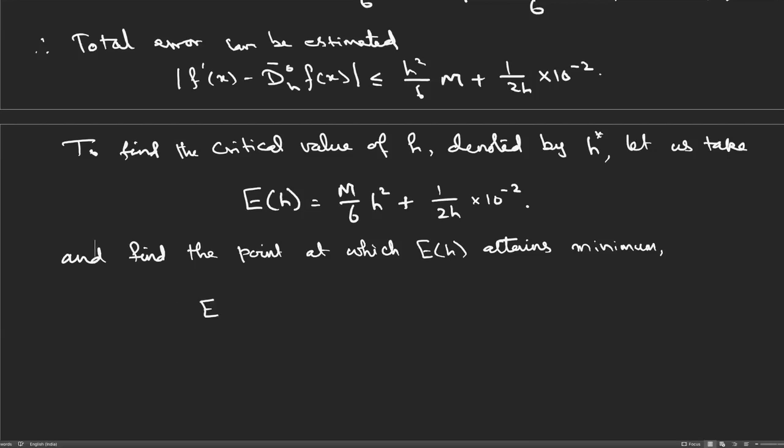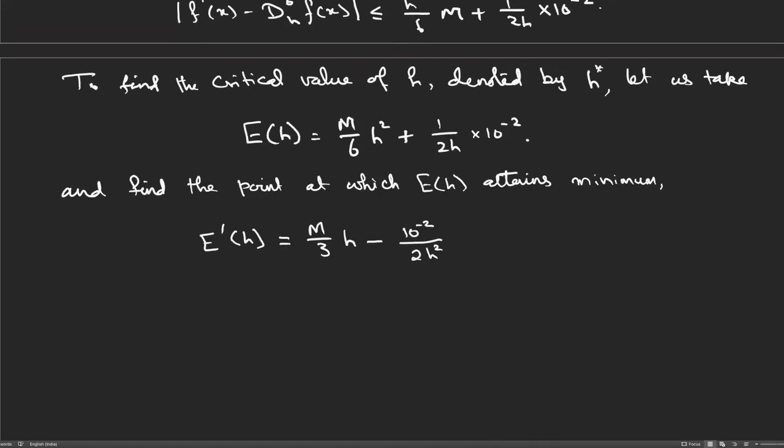Therefore, let us first find the derivative of the function E of h, which is given by M by 3 times h minus 10 to the power of minus 2 divided by 2h square, right? And now we have to equate this to 0 to get h is equal to the cube root of 3 by 2M into 10 to the power of minus 2.